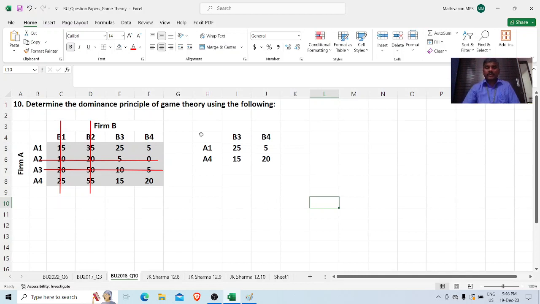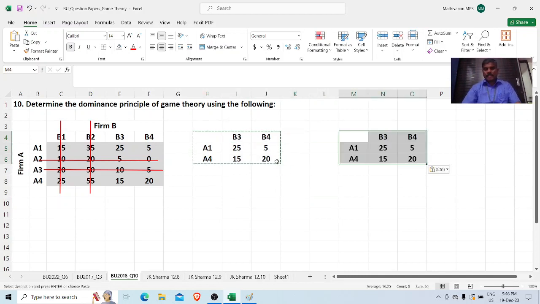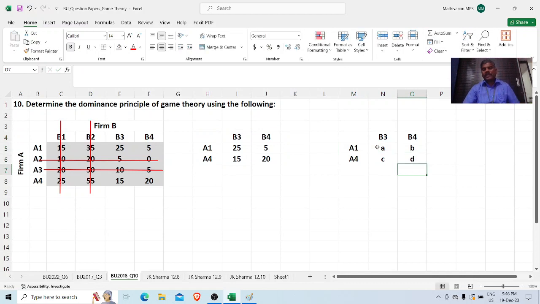As usual, we will have this in terms of A, B, C, D. Then we will find the oddments. Then we will solve. So the probability with which firm A will use the first strategy is P1.